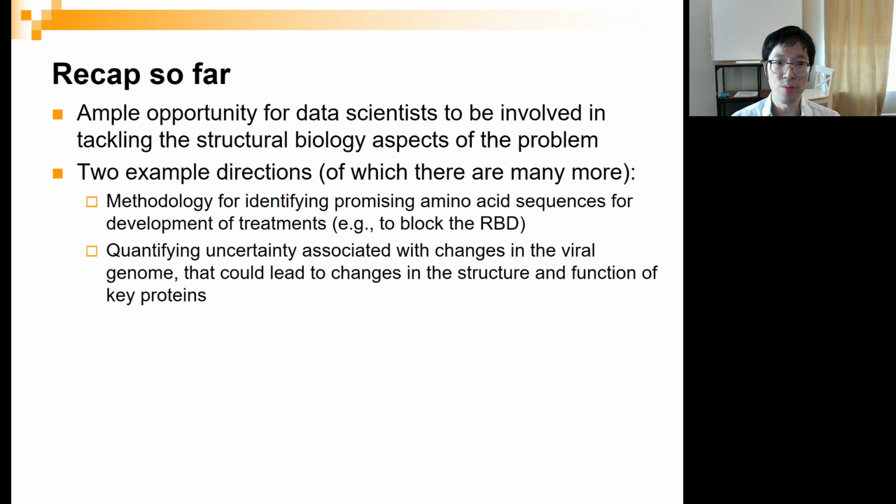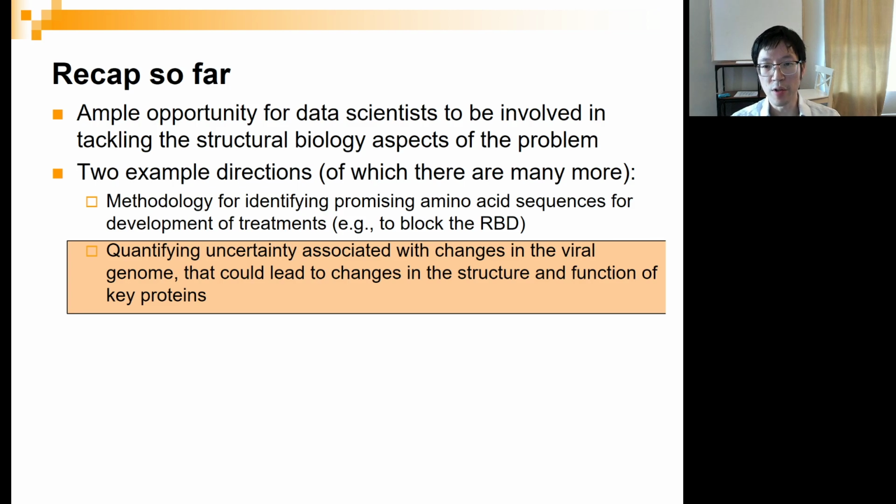The other, which is related to this idea of mutations, is to quantify uncertainty associated with potential changes in the viral genome, and how they could be associated with changes in the structure and function of key proteins of the novel coronavirus. These are, of course, just two examples of research directions, and there can be many more.